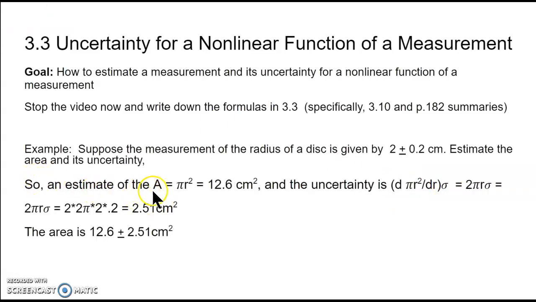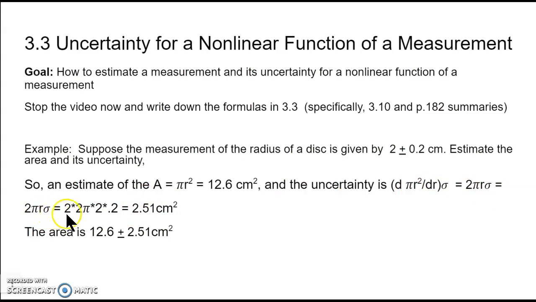So an estimate of A is pi times r squared. The radius was 2, and the 0.2 is the uncertainty in the radius. So pi times 4 is 12.6 centimeters squared. But the uncertainty in this estimate is going to be the derivative of pi r squared with respect to r times sigma. The derivative, using the power rule, is 2 pi times r times sigma.